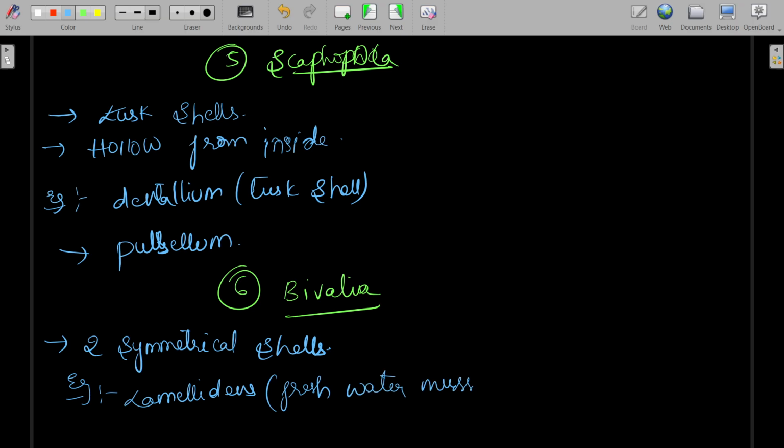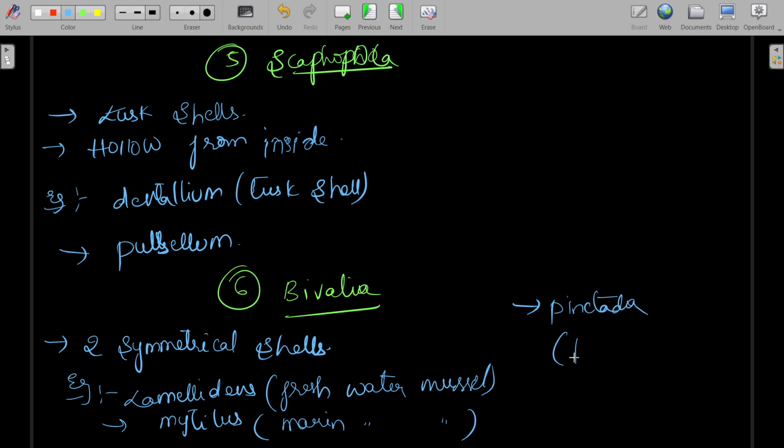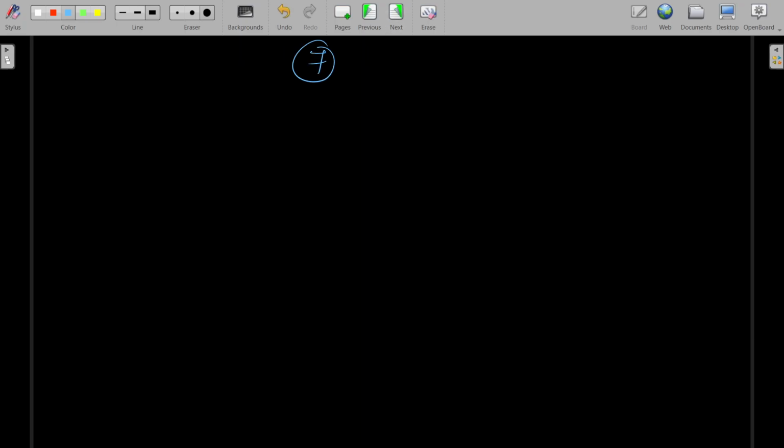The other example is Mytilus, the marine water mussel. And the other example is Pinctada, a pearl oyster.